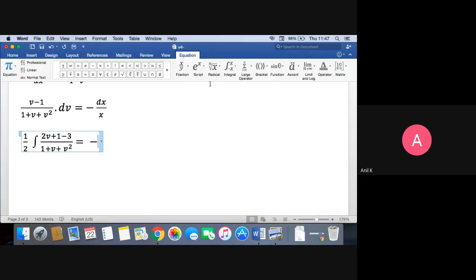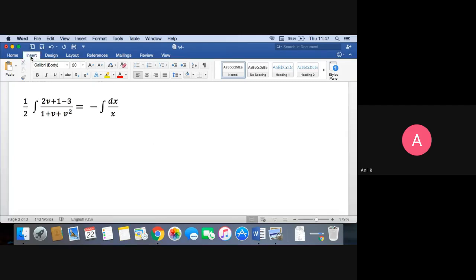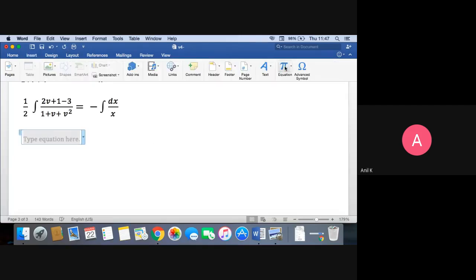Which is equal to minus integral dx upon x. Now let me insert the equation.